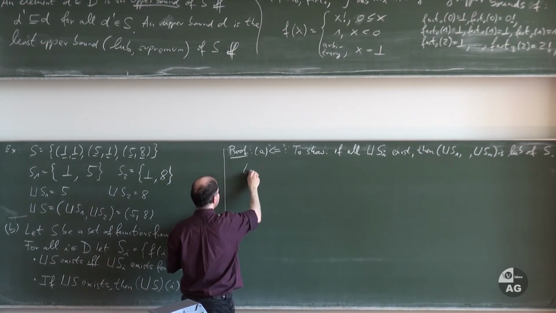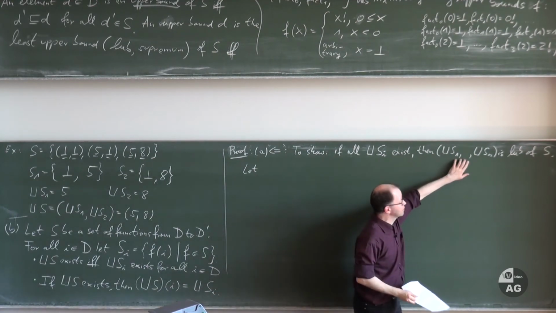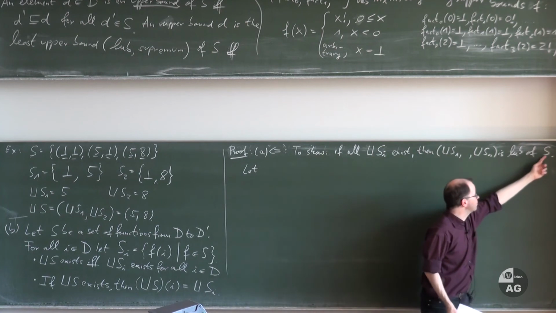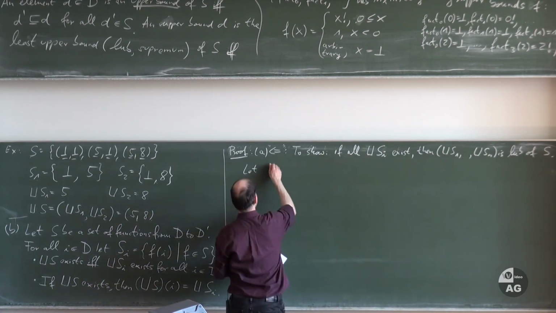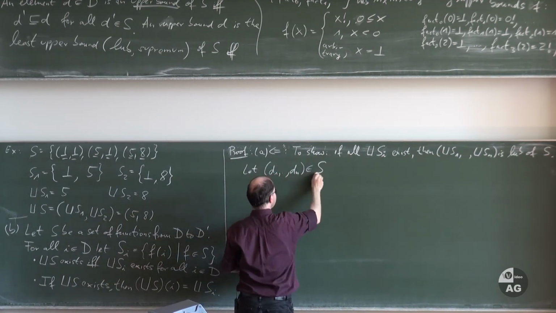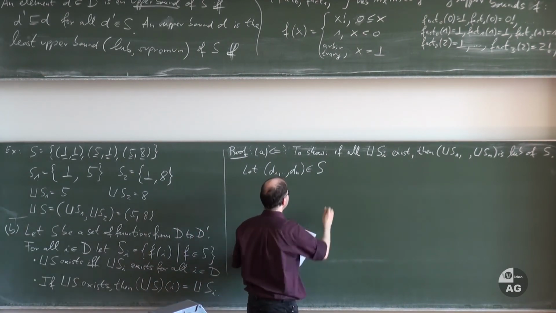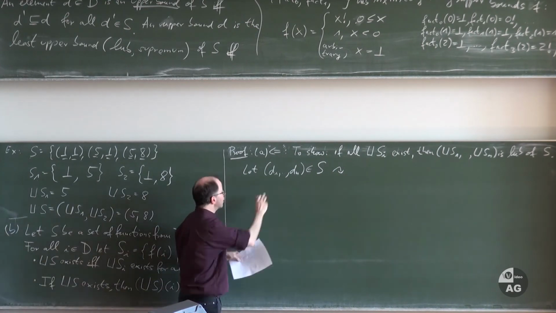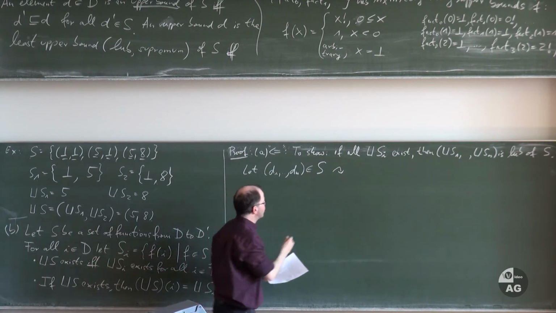Okay, to show this, we want to show that this is an upper bound and in fact even the least upper bound. Let's first show that it's an upper bound. So we take some element from S and show that this thing is greater or equal than the element from S. So let D1 to Dn be from S. And so this implies that D1 is from S1, D2 is from S2, and so on.